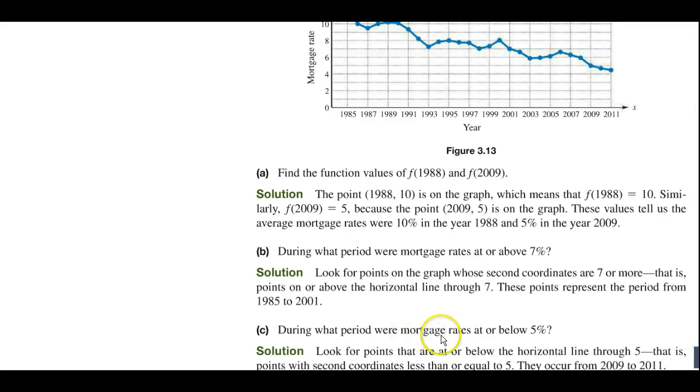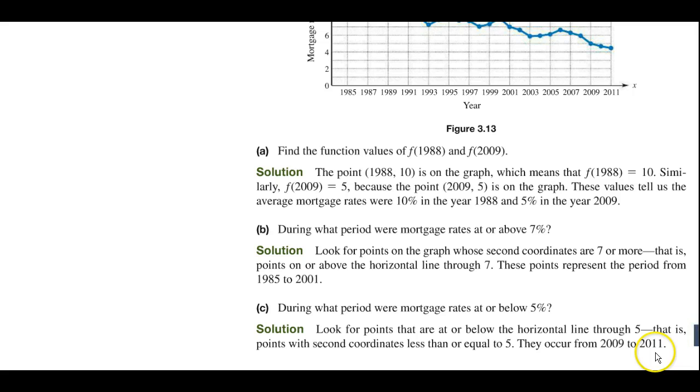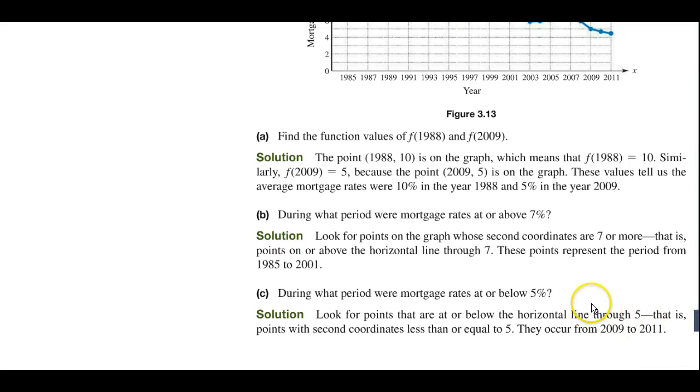And during what period were mortgage rates at or below 5%? Well, 5% is right there. And it looks like from 2009 to 2011, and of course 2017, they're still low.